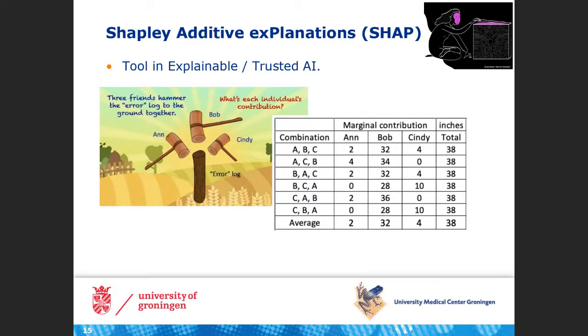They give the marginal contribution of each feature. What a SHAP value model actually does, it tries all the combinations of whether a value is present or not, and it calculates the end error, and it takes the average, and that is the marginal contribution of each feature.